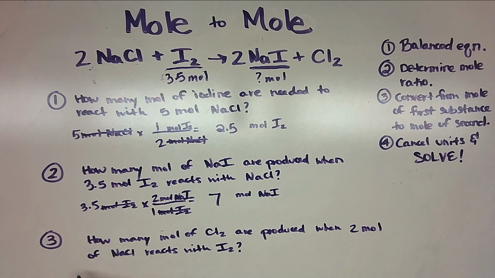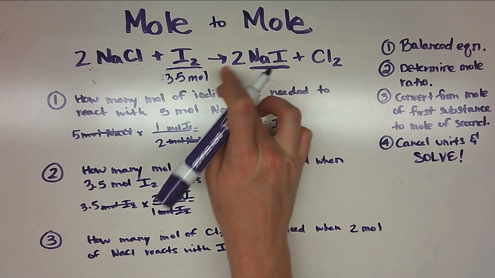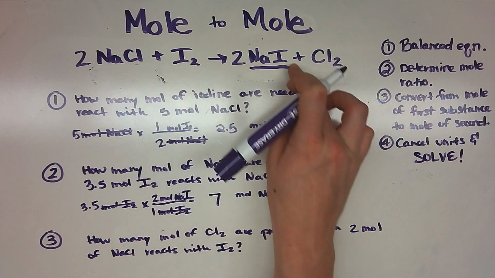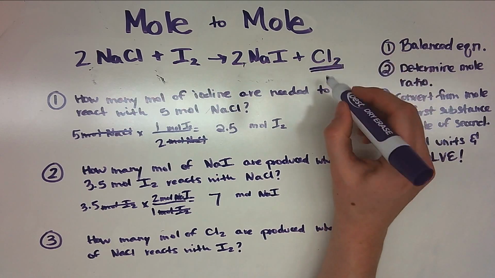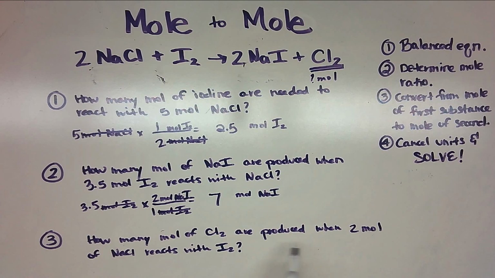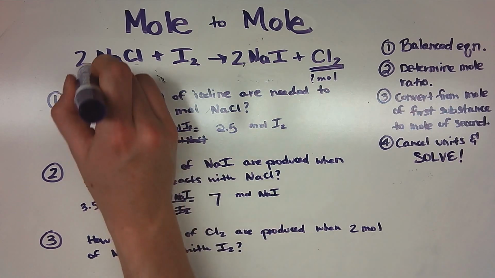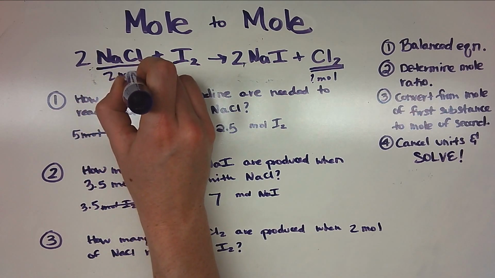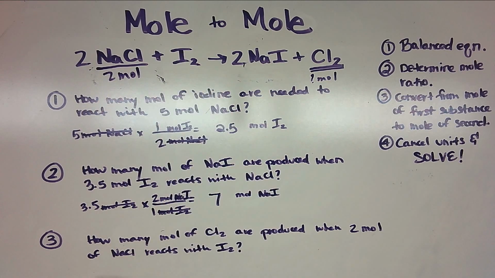Alright, last one. We'll try and squeeze this in as best as we can. How many mole of chlorine, so question mark, mole, are produced when 2 mole of sodium chloride reacts with iodine? So I'm going to write down what I am given.